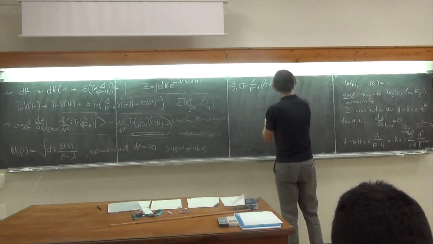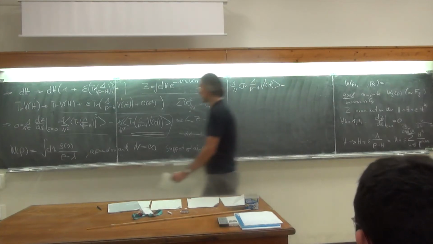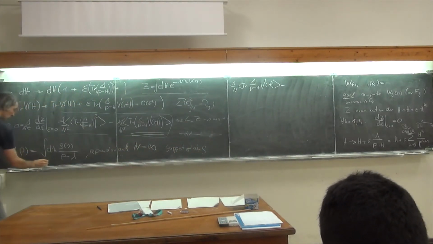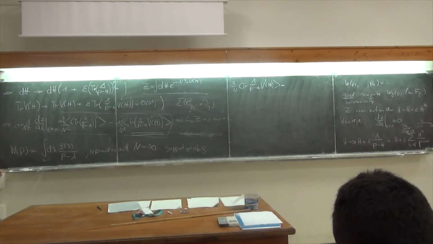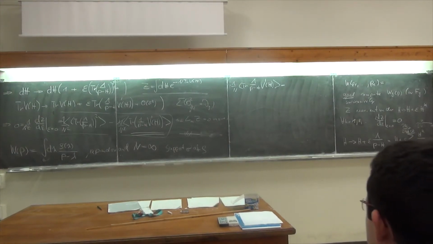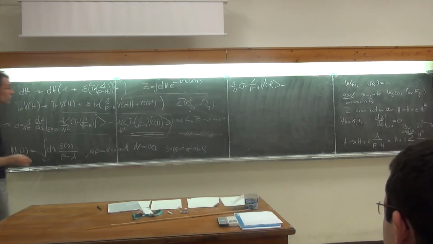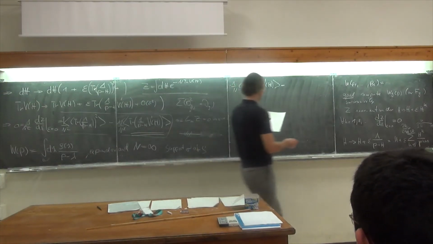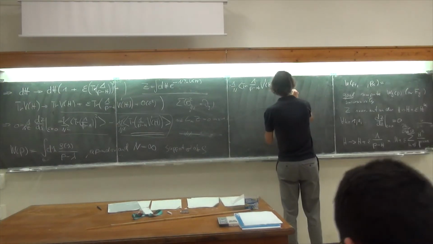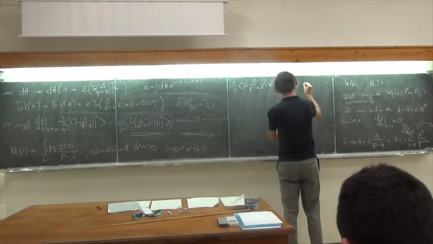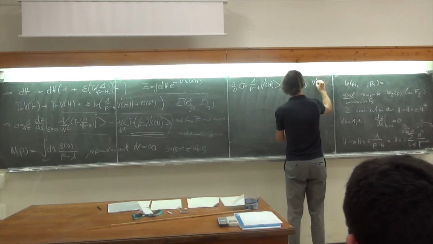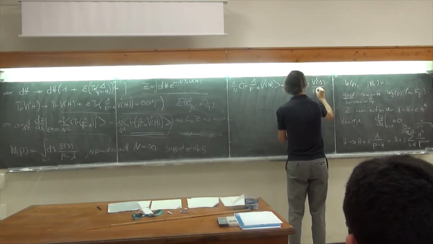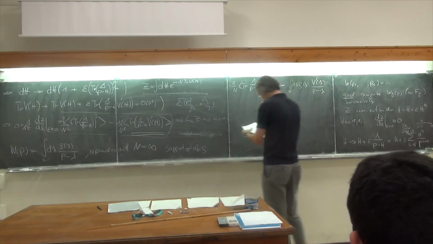So let's write this as, now we say we expand around n equals infinity, so this integral will run over the support, so the set where the density is non-zero. Other than that, we don't make assumptions. So λ, ρ(λ), λ' minus λ.